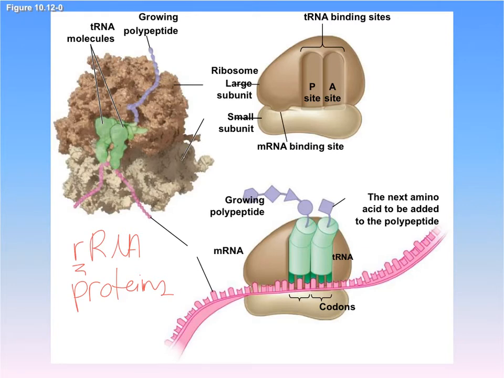The small subunit is where the mRNA is going to bind. Then a tRNA will bind to the initiating codon on mRNA, which is always going to be AUG. Okay, the tRNA will bind here. Once that happens, the large subunit will then come and settle onto the small subunit, and we're ready to go. We're ready to make a polypeptide.